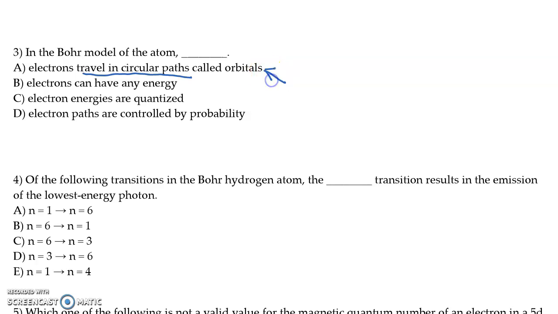Orbital, in the future you will learn, has other meanings. B, electrons have any energy? No, it can only have certain energy. It's called quantized. C, electrons' energy are quantized. That is good. D, electron paths are controlled by probability. In the future, we will hear something else about it, but it's not about the Bohr model.